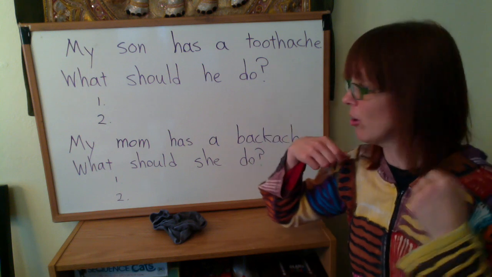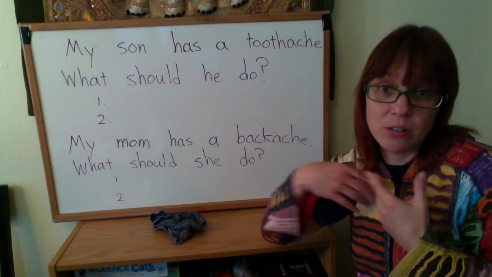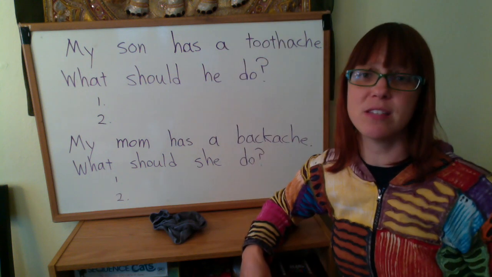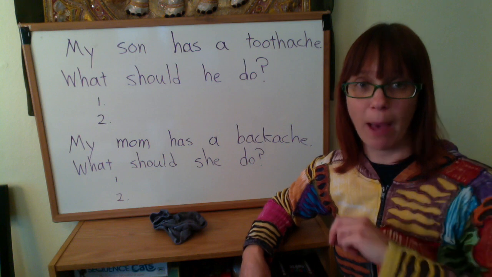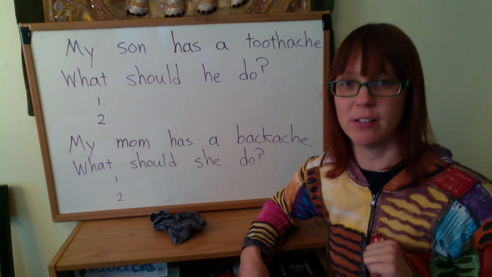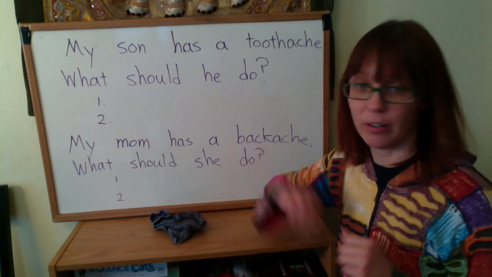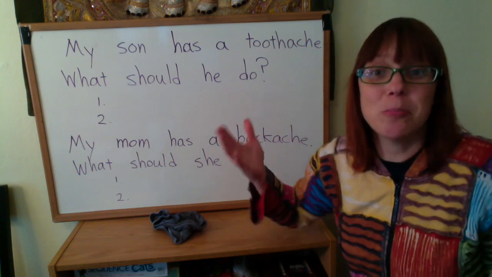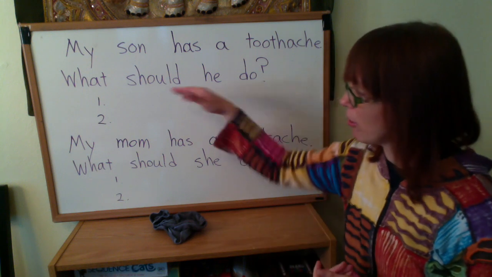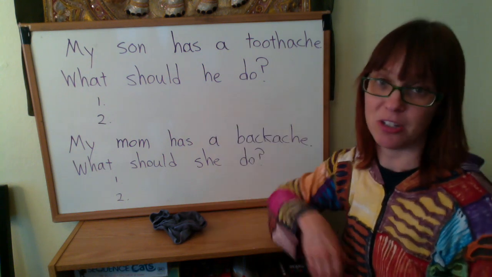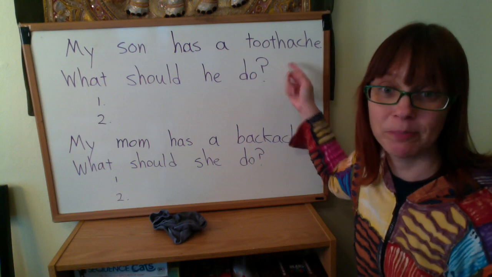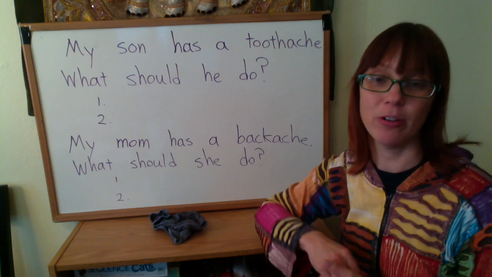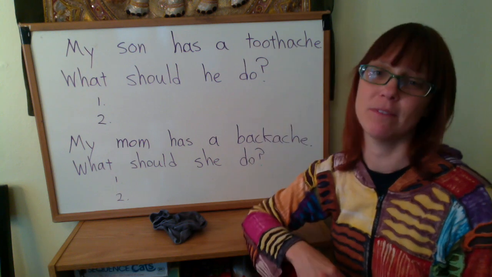You can just think, what advice do you give about these situations? Think about things that you do in your family and in your country. Maybe things that are not in the book, maybe something that is new to me. So think about things that you do in your family and in your country for a toothache and a backache, and also the flu, the example that I had from before.